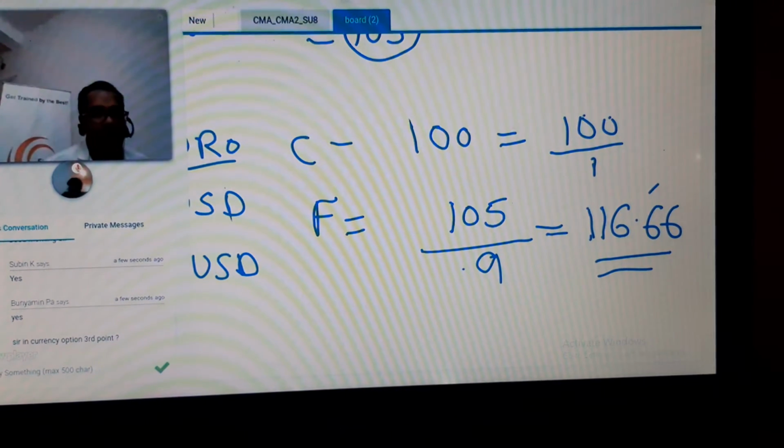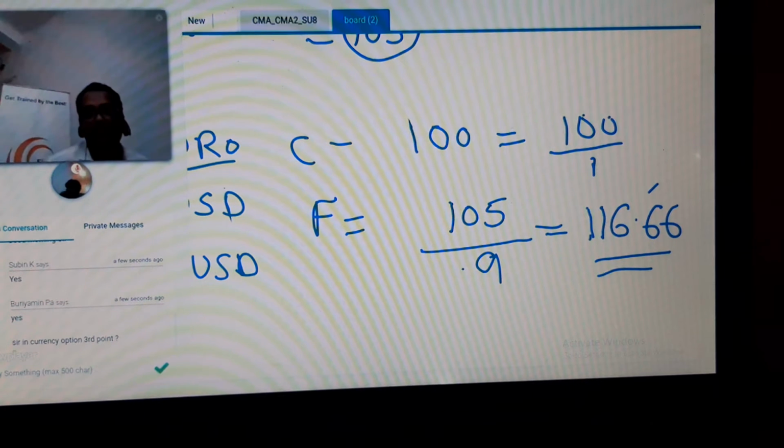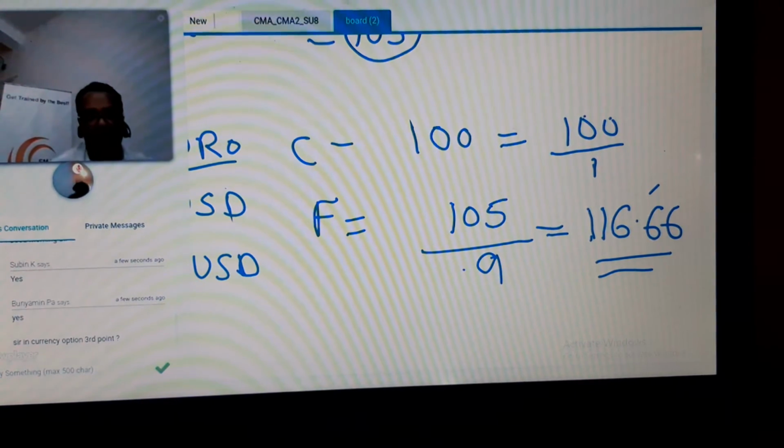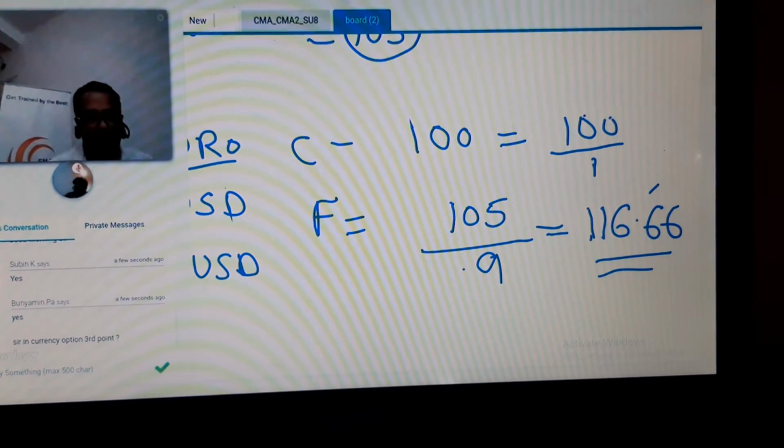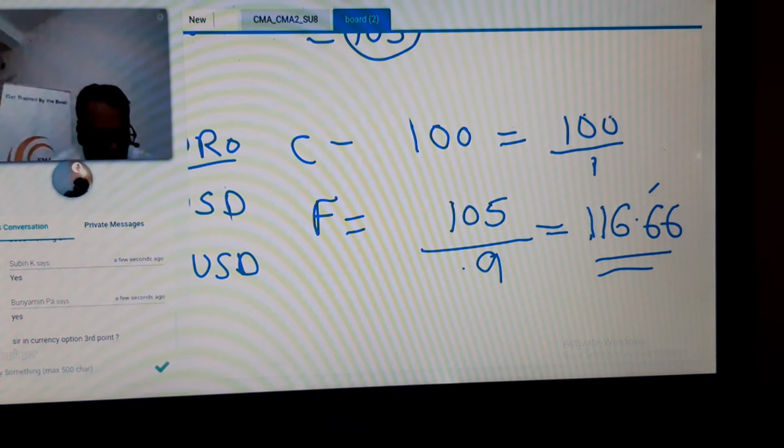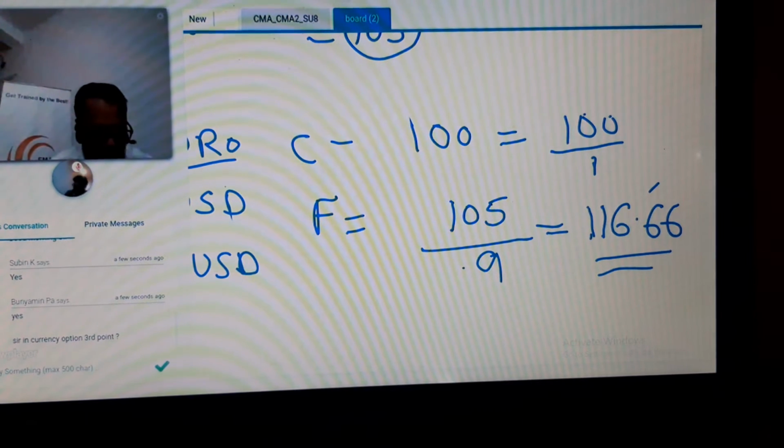You got it now? Any doubt? If you have any doubt, you should raise your hand. Current situation 1 to 1 basis exchange rate. Now 10% depreciation of euro. So €1 means only 0.9.